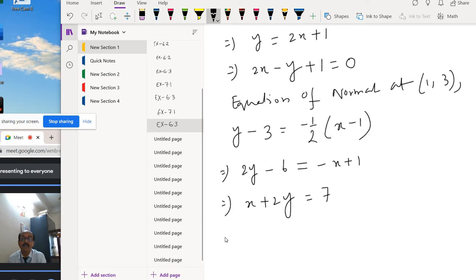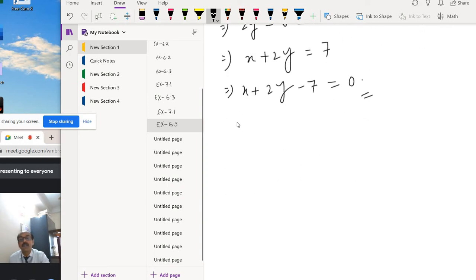Or you can write x plus 2y minus 7 equal to 0. This is the equation of the normal. Next, number 14, part 3.